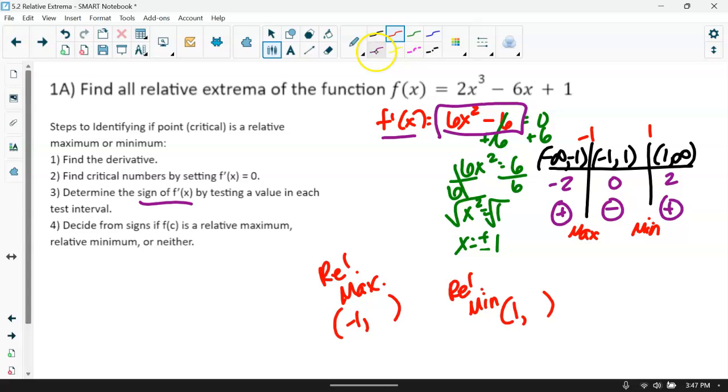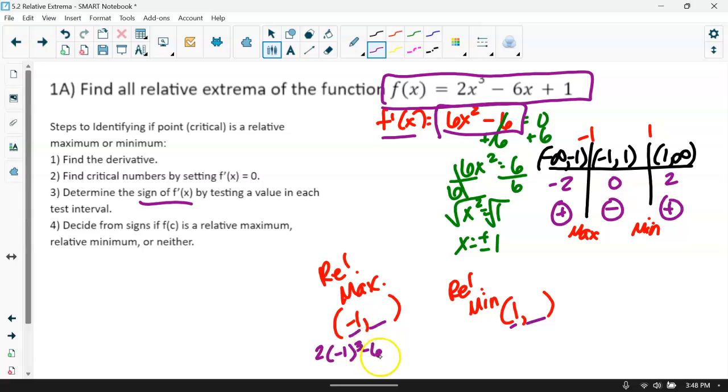And then now remember, you needed to take these x values to get the y value and plug into the original function, because that is the graph that we're looking at. We want to know, right, where's the relative minimum and maximum point here. So when you plugged in negative 1, let's see, so you have 2 times negative 1 cubed minus 6 times negative 1 plus 1.